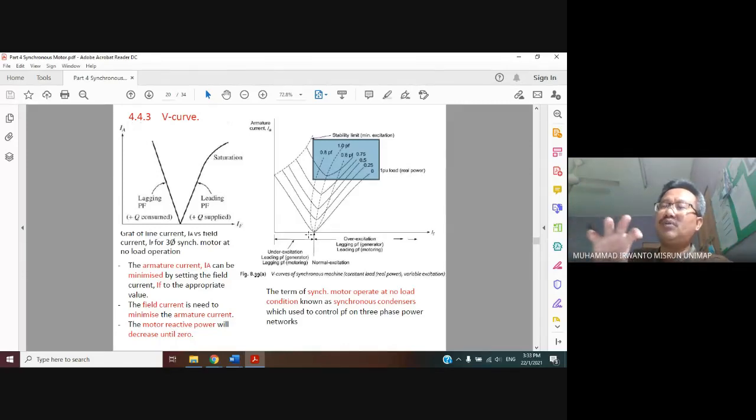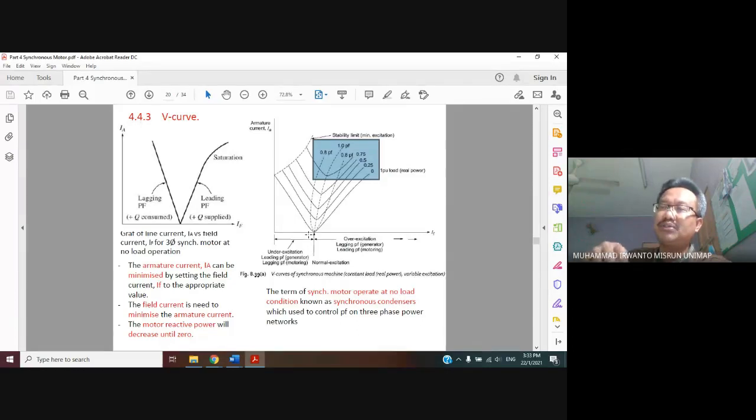If you want to adjust the field current flowing through the rotor winding, we adjust it, for example, by adjusting the rheostat.